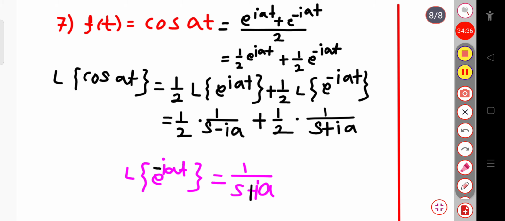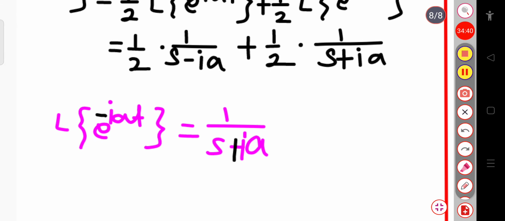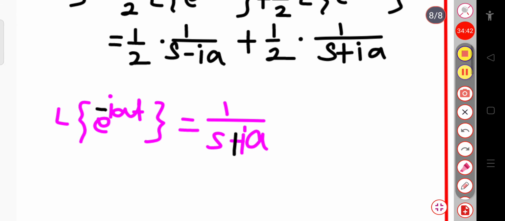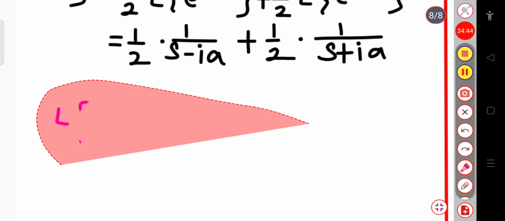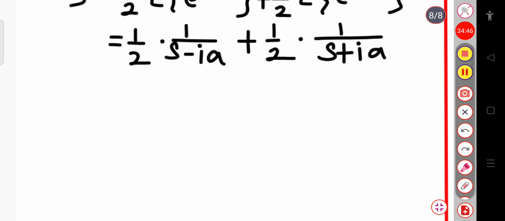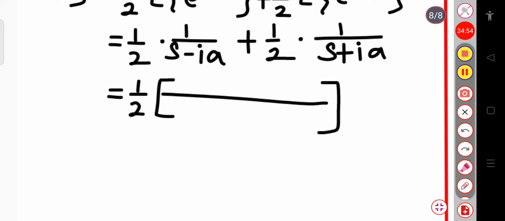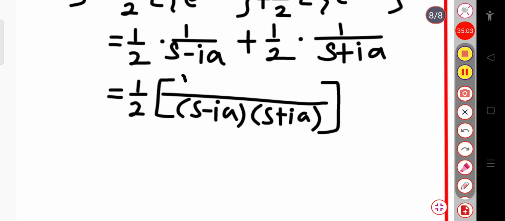Now let me solve. Taking 1 by 2 common, I am writing directly the LCM, that is s minus ia into s plus ia, and here this will be s plus ia plus s minus ia.